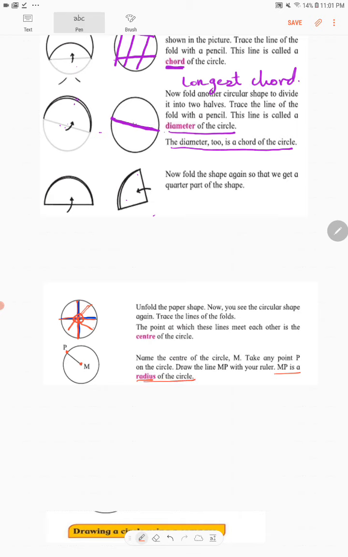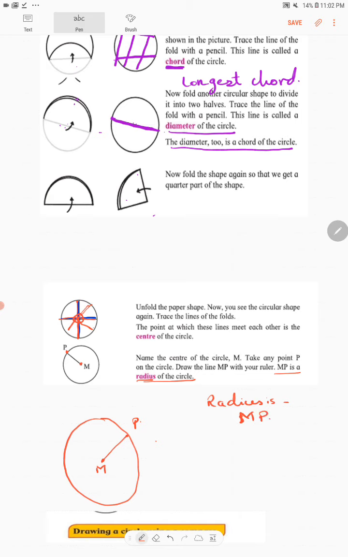So children, if this is a circle, and this is its center, you name it as point M. From here I take any point on the circle and draw this line, it becomes P. So my radius is MP.